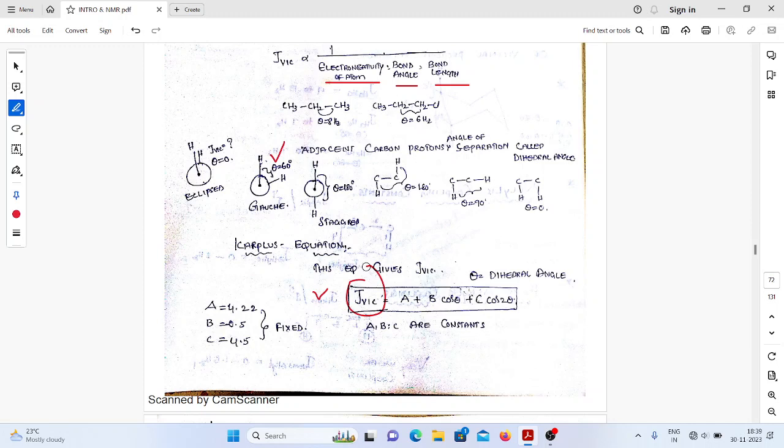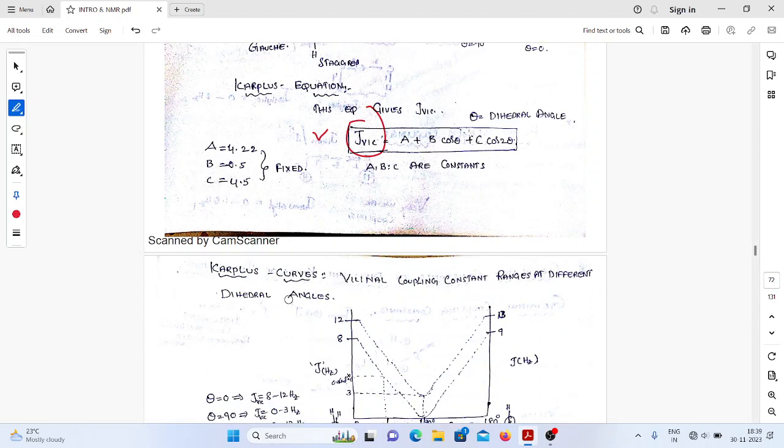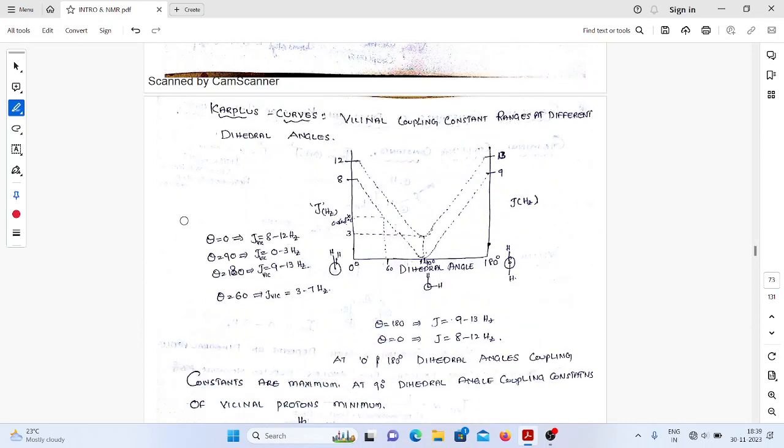So in order to identify the vicinal coupling constants in such cases, we observe these things. The A, B, C values are fixed. This is the graph according to Karplus. You can remember this one.